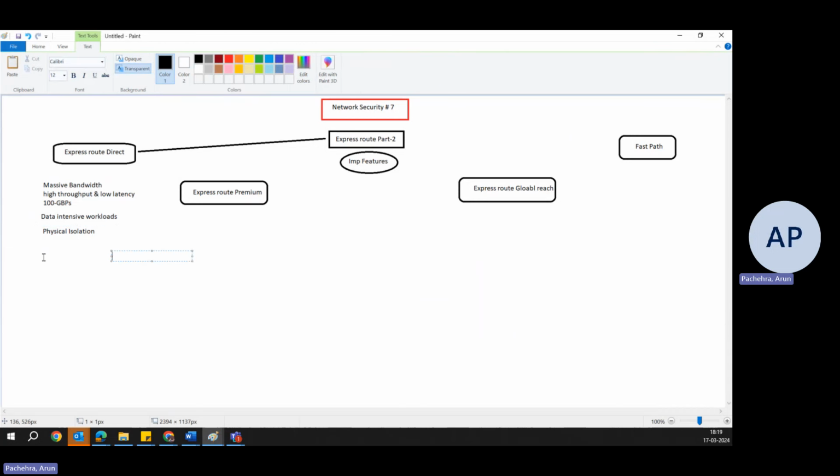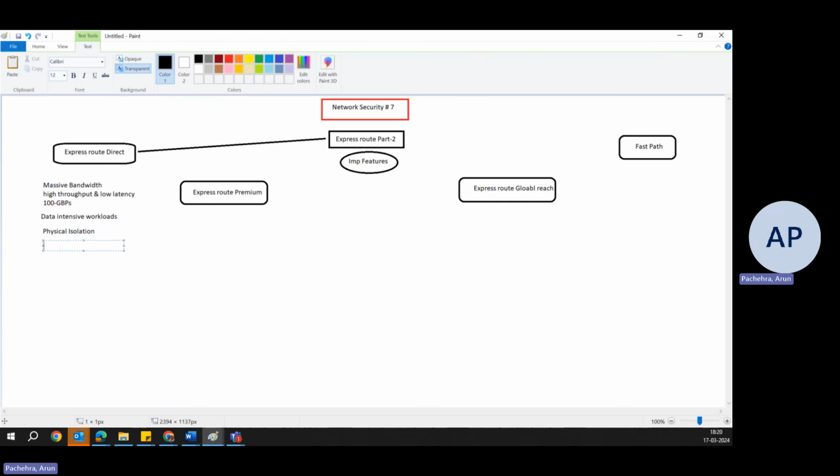Now let's talk about the security aspect of it. The very first is enhanced data privacy, because we know about the physical isolation. Express Route Direct minimizes the exposure of your data to potential threats on the internet, because there is no exposure to the internet. So it enhances data privacy and security along with the physical isolation it provides.